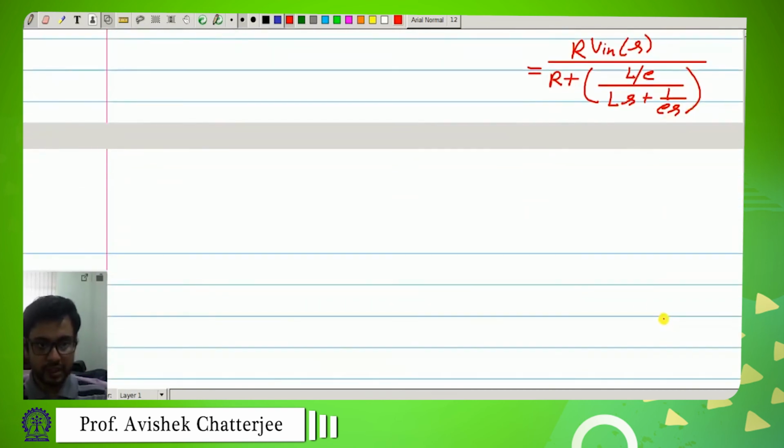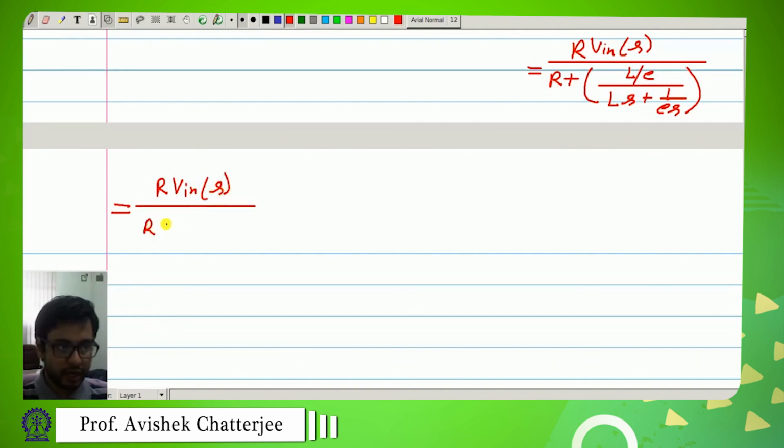Now you have to simplify it. So this is R V in S divided by R plus, let me write this as LCs square plus 1, and this will be Ls.